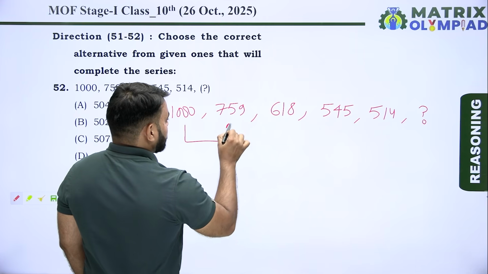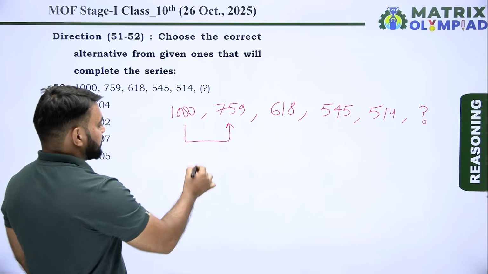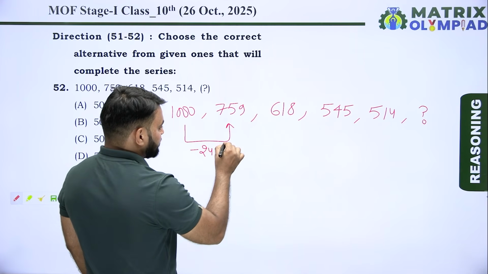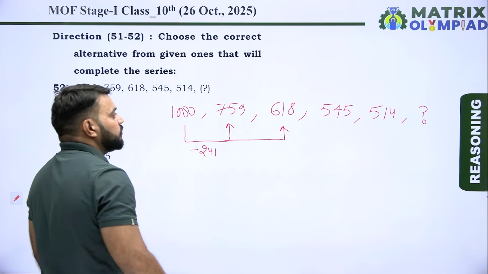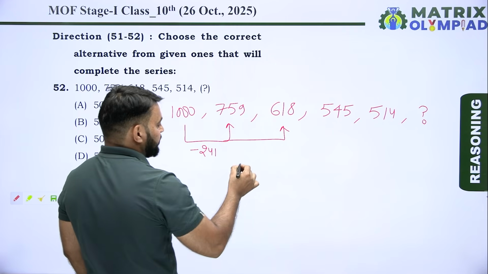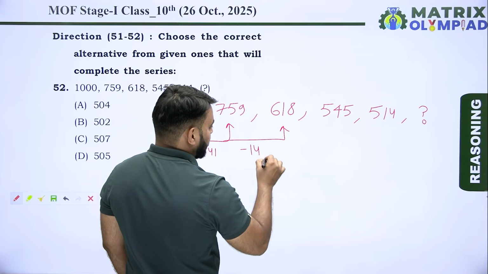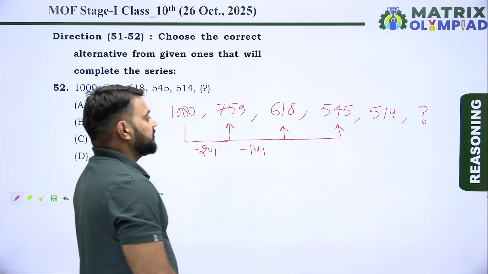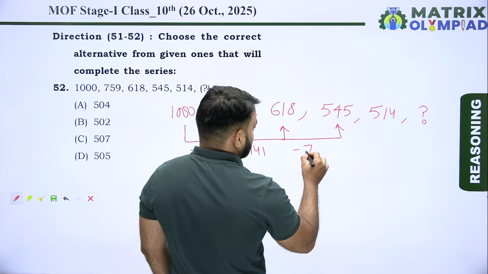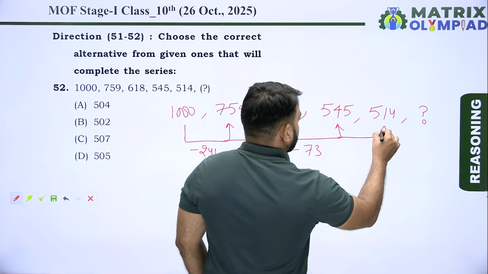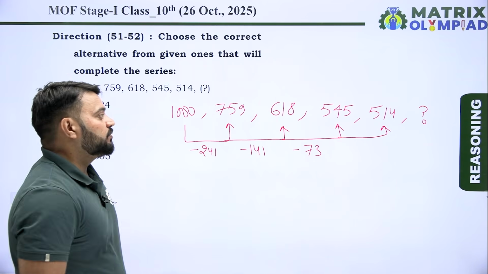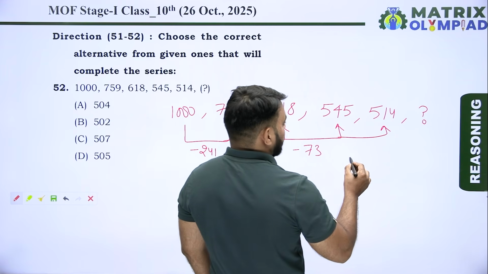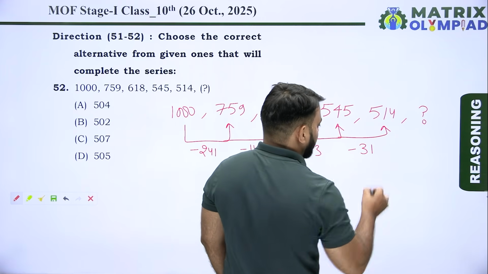So 1000 to 759 it means minus 241. 759 to 618 it means minus 141. 618 to 545 it means minus 73. 545 to 514 it means minus 31.